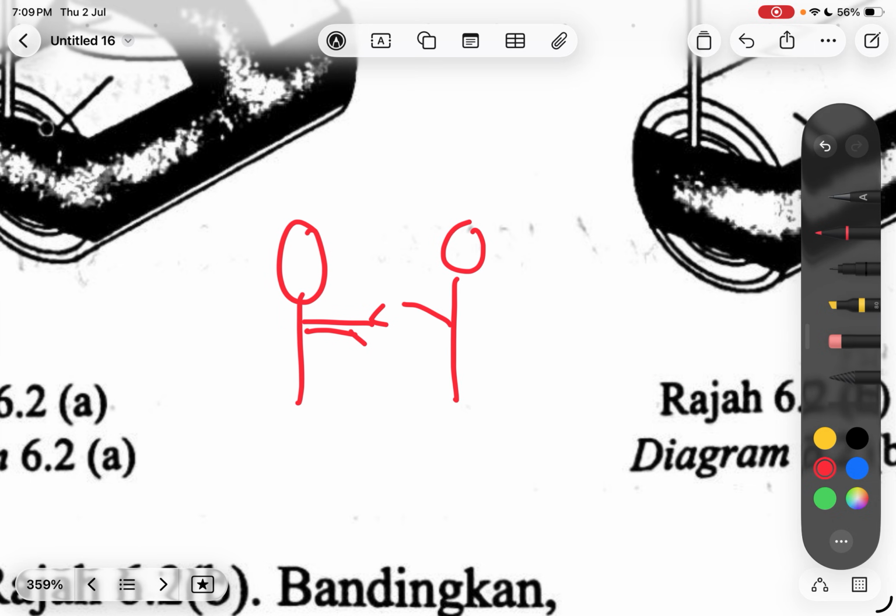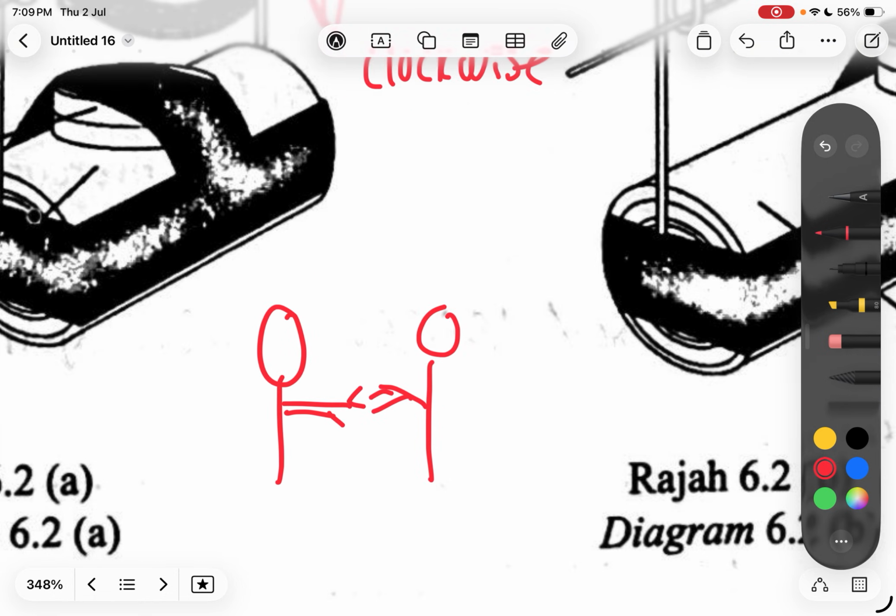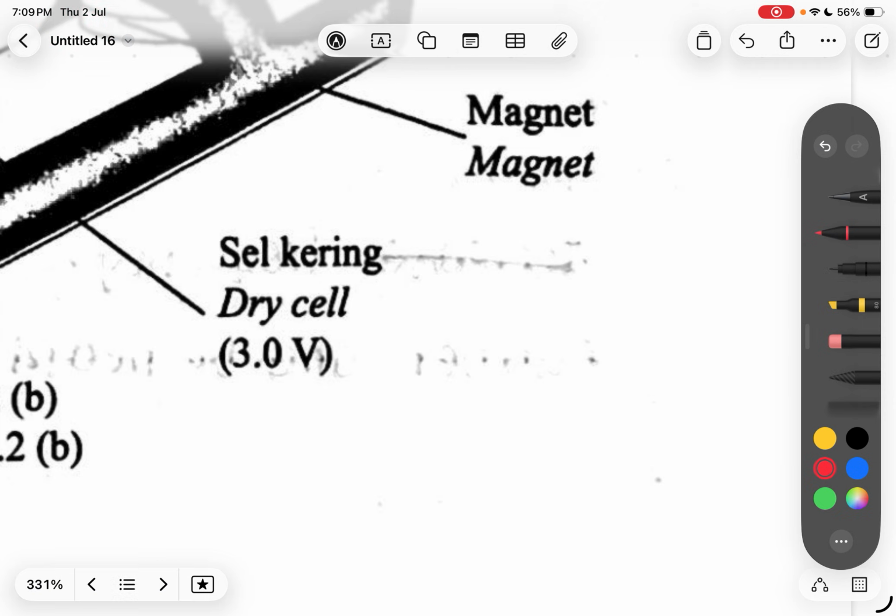But instead, it's going to push you back. Oh my god, it looks like it's holding hands. But basically, can you visualize that it's not going to move? It's just going to keep on being like that.